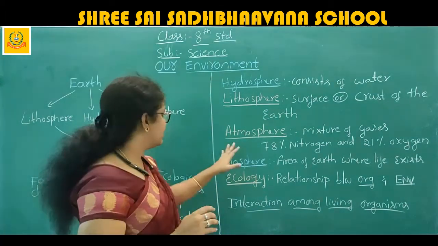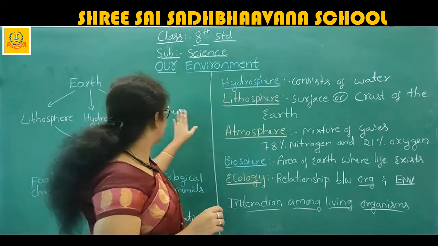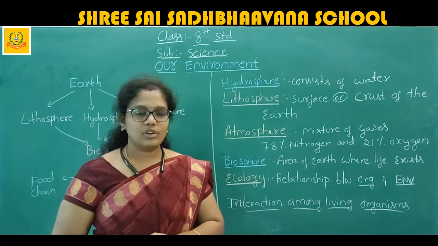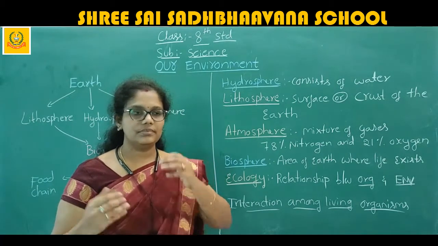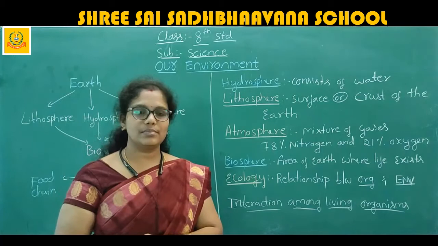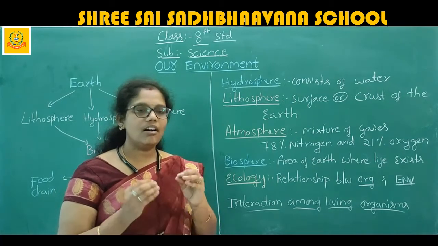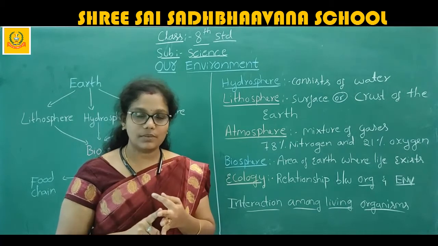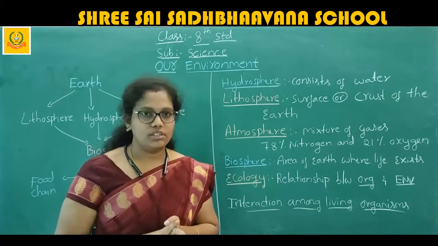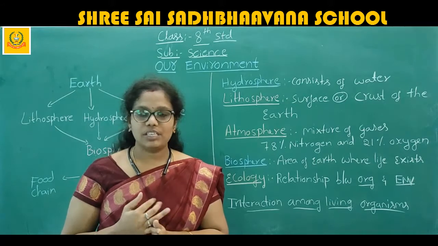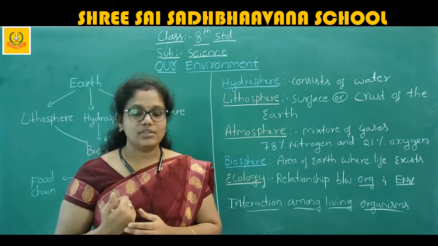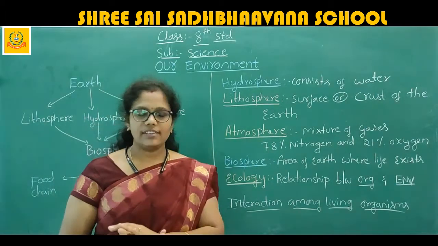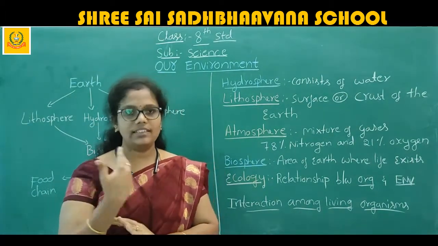If you study the next division of the earth's surface, it is the atmosphere. What is this atmosphere? What do you consider as the atmosphere? Vapors, dust particles, water vapor, moisture, so many gases and mixtures of gases are present around us, right?